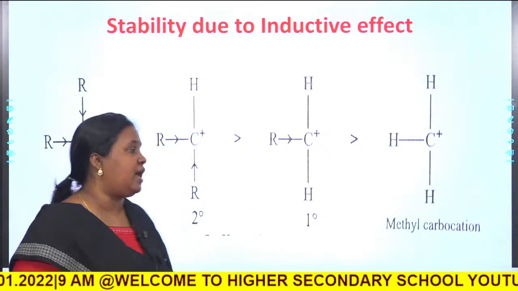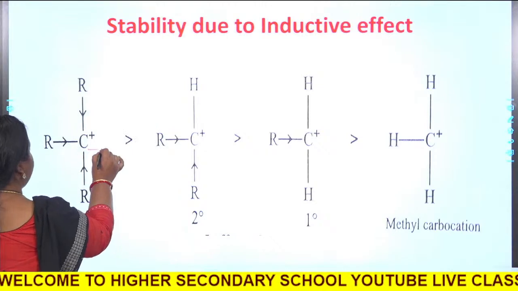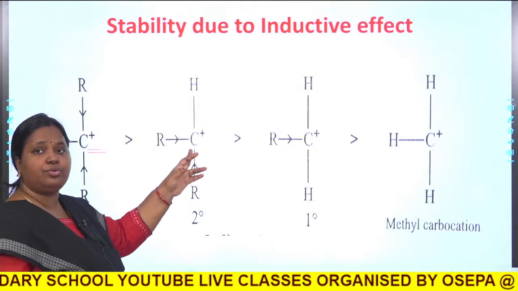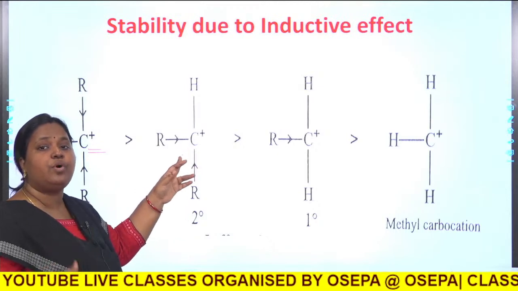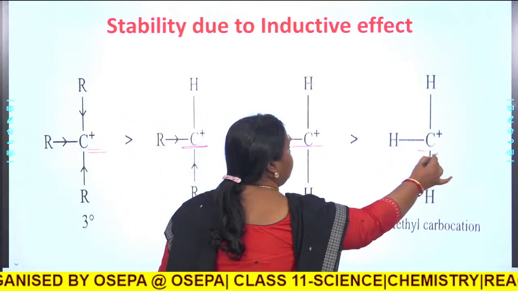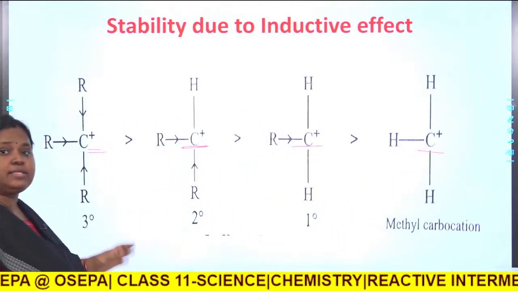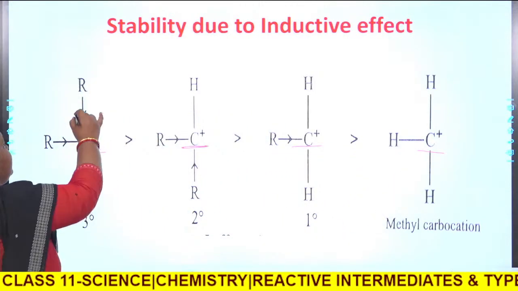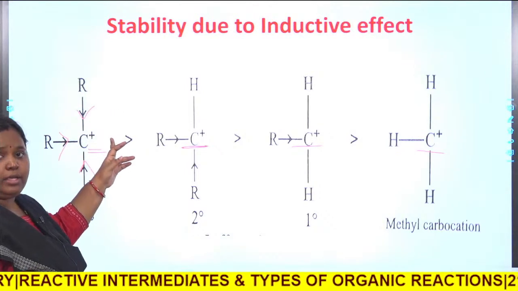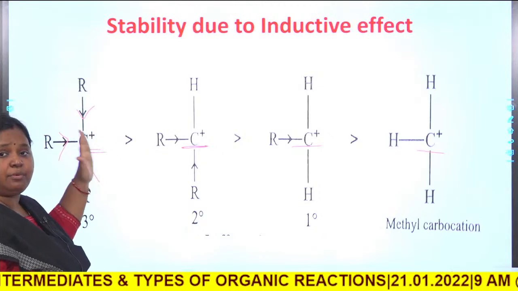Similarly, this carbon is deficient in electron. So, if somebody is supplying electron to this carbon, it becomes more and more stable. In case of tertiary carbocation, 3 alkyl groups are actually supplying electron to this carbocation, hence it is the most stable one.